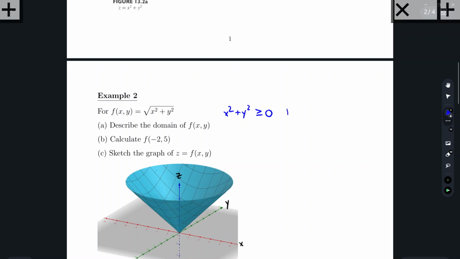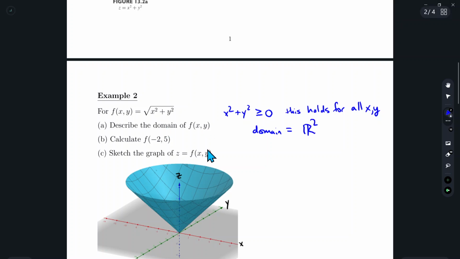So this holds for all x, y. Again, the domain is all real numbers, the entire xy plane. So we write R2. Okay, so that's the domain.